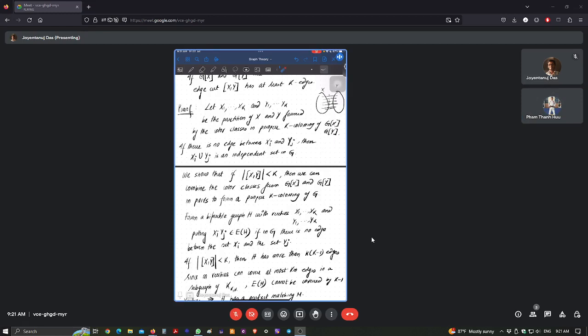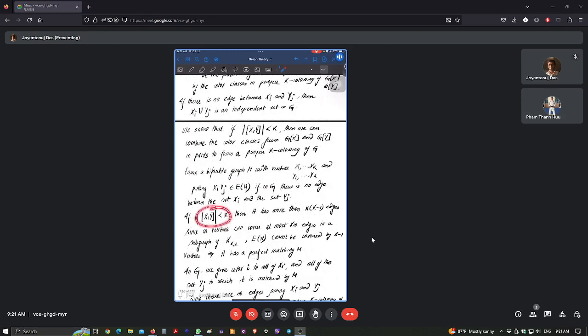Now we have assumed that the size of the edge cut is strictly less than k. If it is less than k, then H has more than k times (k minus 1) edges. What is the reason?